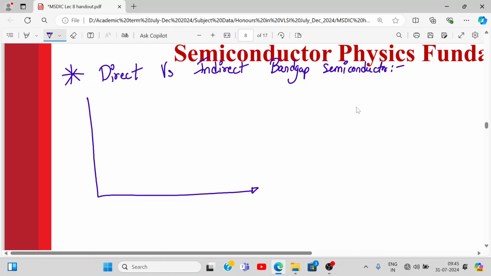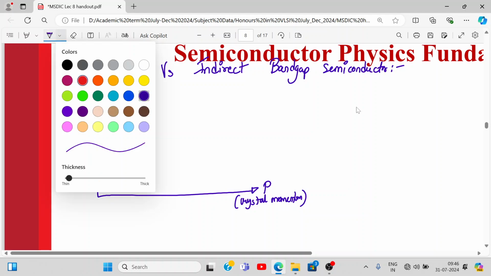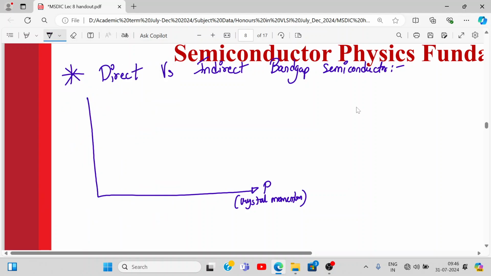I'm plotting crystal momentum versus energy levels. This is crystal momentum. So these levels, see how they look in case of a direct semiconductor. See, like this.